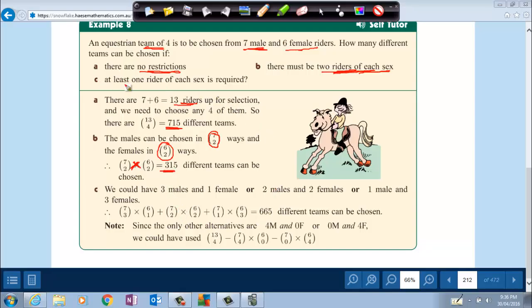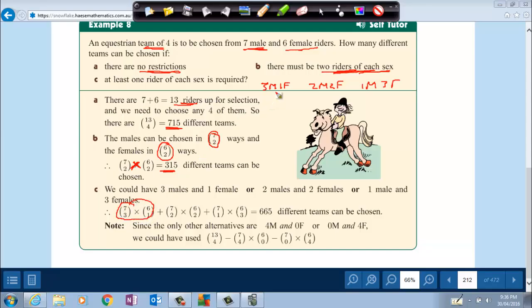The last one is at least 1 rider of each sex is required. Now we could have 3 male and 1 female to give the 4, or we could have 2 male and 2 female, or we could have 1 male and 3 female. Now that's what's put here.